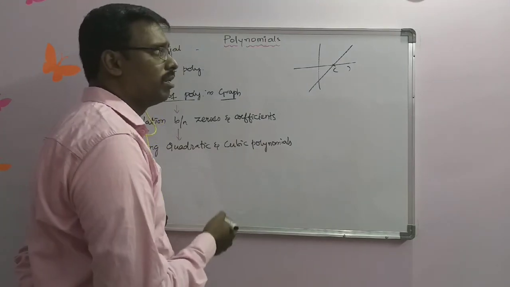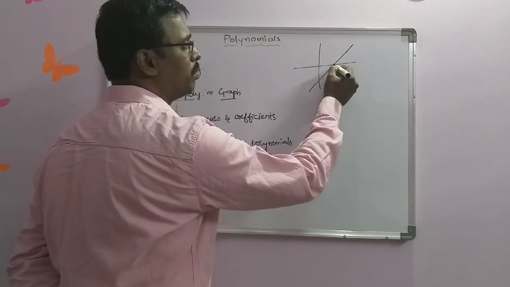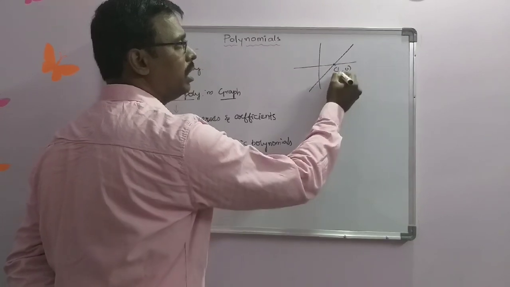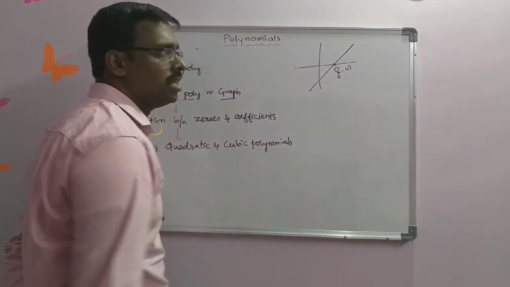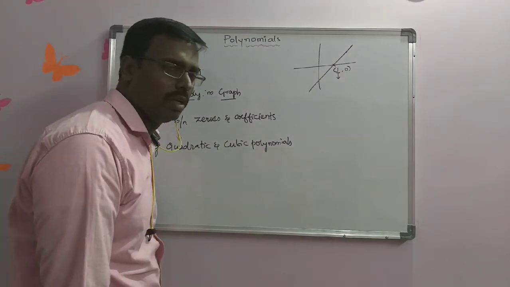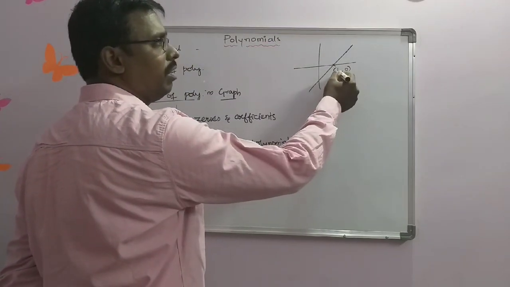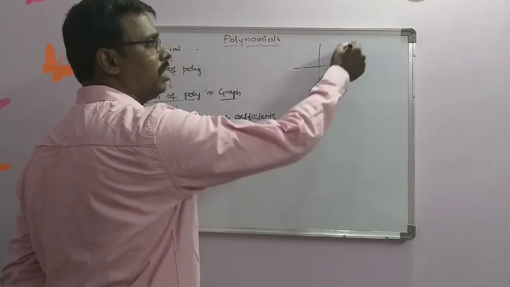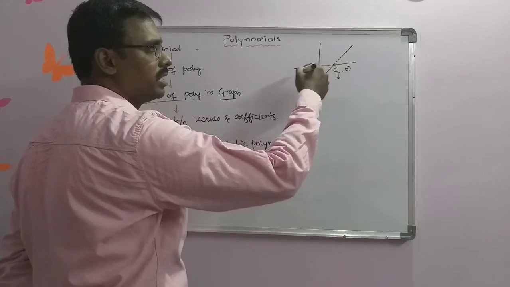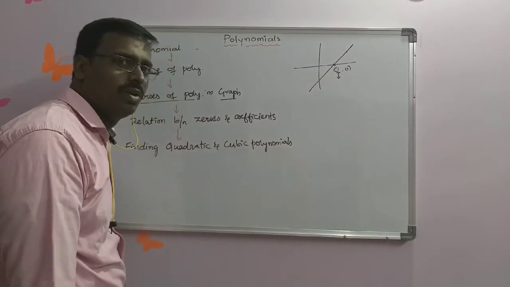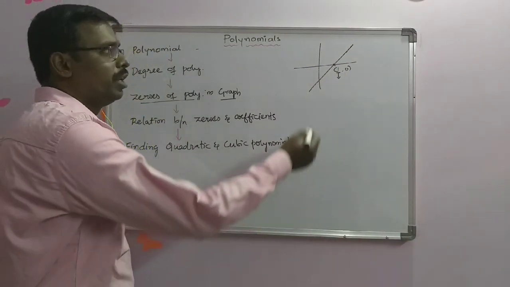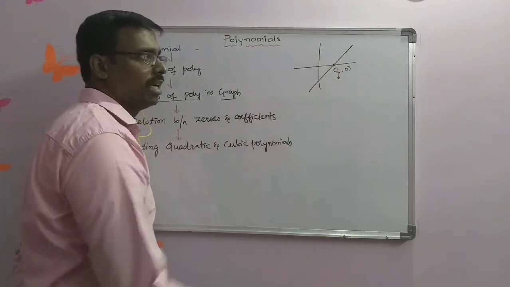What will be the zero from that? The x coordinate. Suppose this is the point 1 comma 0. This x coordinate is called the zero of that polynomial. The x coordinate of the point of intersection of the polynomial graph with the x-axis is called a zero of the polynomial. So for a linear polynomial, we get a straight line cutting the x-axis at one point.